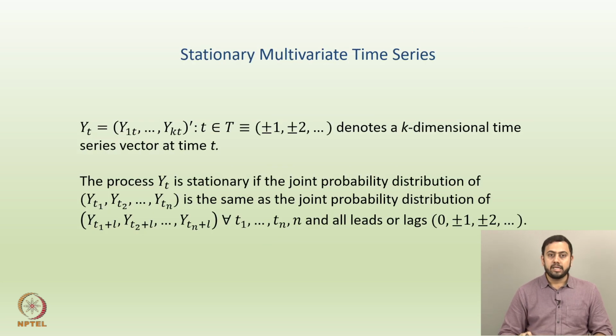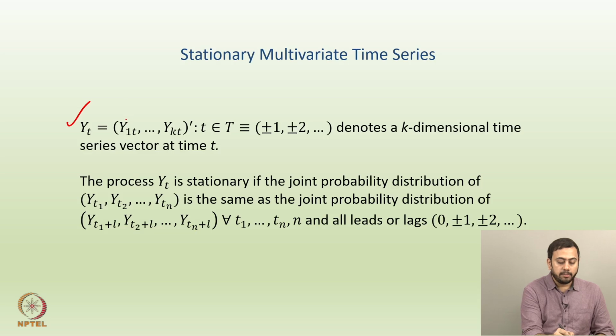Now, how do you transition all these notations to a time series framework? So, we define what is called a stationary multivariate time series initially. Let us say yt is a time series and yt equals (y1t, y2t, up to ykt) transpose. By the way, each one of these is nothing but an individual time series process. t is a time stamp, so t belongs to capital T, which could be plus and minus 1, plus and minus 2, plus and minus 3, etc. Essentially this yt denotes a k dimensional time series vector at time t.